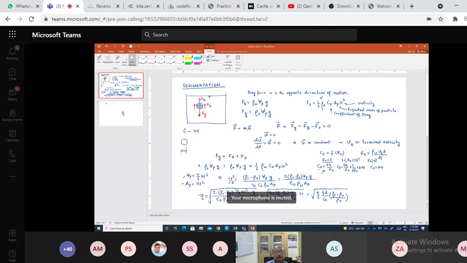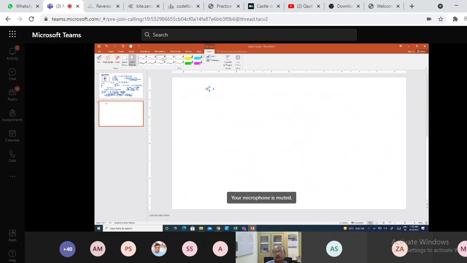We have 2 into rho S. Vt square equals, okay, so you have 2 into (rho S minus rho W) divided by, and you have G, you have Vp, and then you have Cd, Ap, and rho W. Okay, and here you can write down, so you have 2 into (rho S minus rho W) G into 4 by 3 pi R cube divided by Cd is 24 by Re, okay, and you have pi R square into rho W, right?